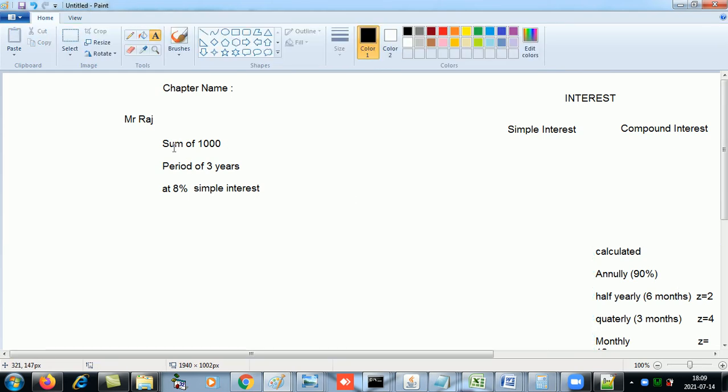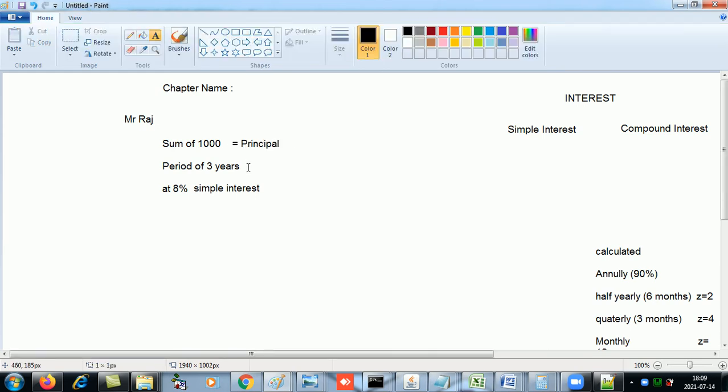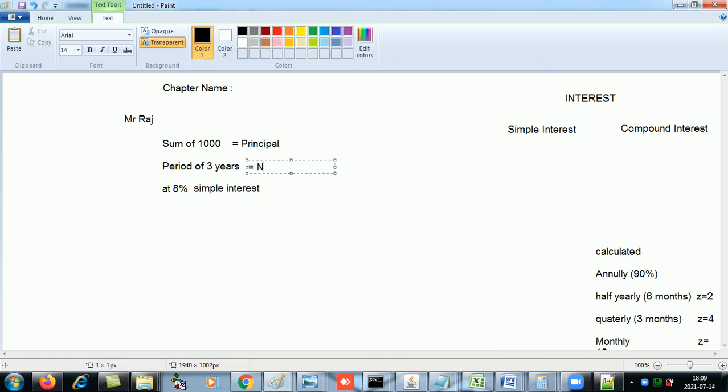Now we have these three main variables. This is the sum of amount which we deposit in the bank. This amount is called the principal. The period for which the amount is kept is called the duration, that is the number of years.